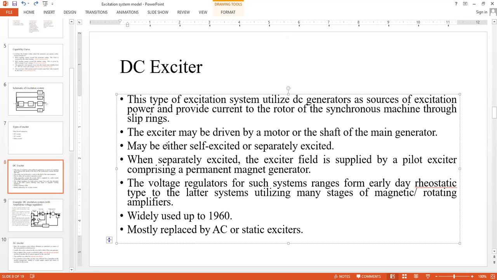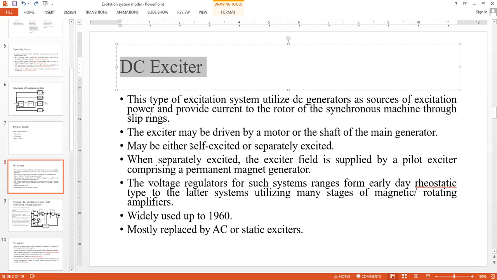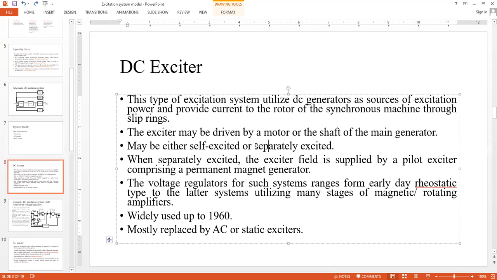And this could be either the self-excitation case or separate excitation case. As we all know, the DC machine could be self-excited or separately excited. Separate excitation means you need to have some external source that would energize the field circuit.